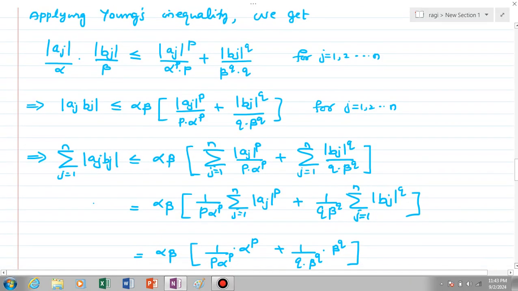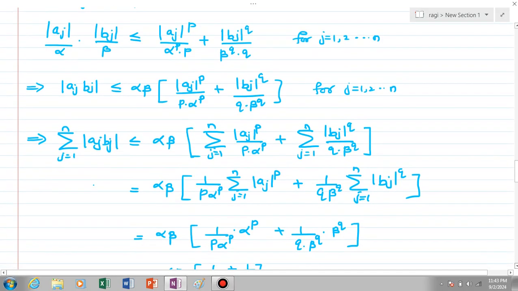Taking outside the constants, this is equal to alpha beta into 1 by p into alpha raised to p into summation j 1 to n mod aj raised to p plus 1 by q into beta raised to q into summation j 1 to n mod bj raised to q.